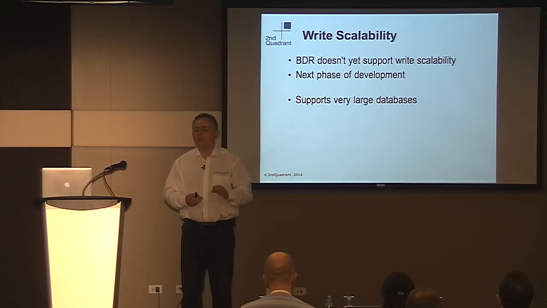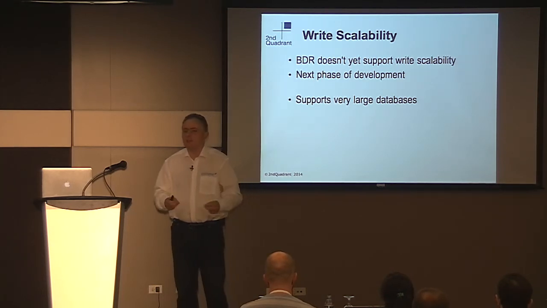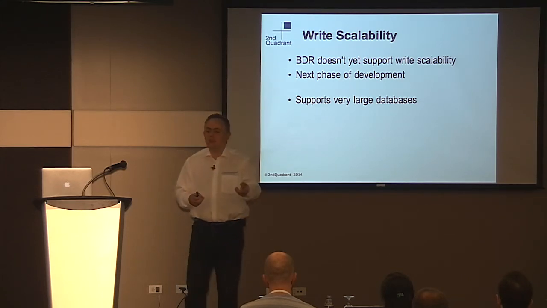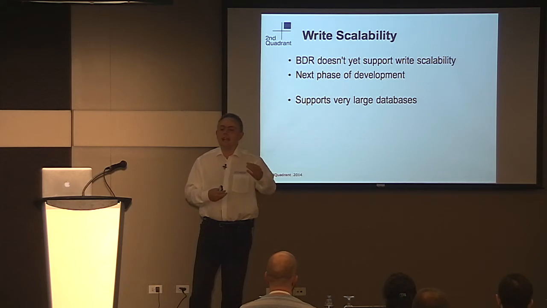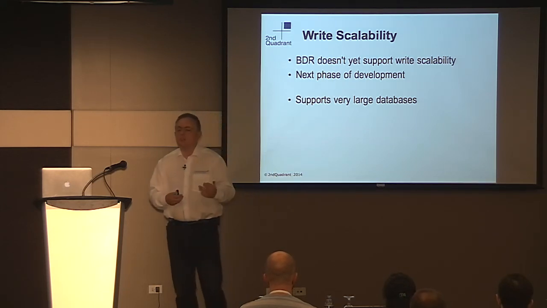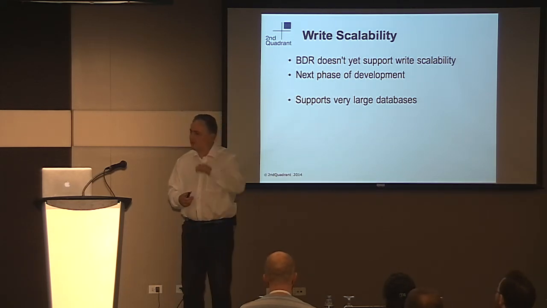But it's not restricted to database size. It's simply that all changes are propagated to all nodes. In the future, when we change that so that all changes are not propagated to all nodes, we will then achieve write scalability. That doesn't occur yet. It can occur in the future. We just haven't done it yet. Is that it? Perfect. Thank you very much.